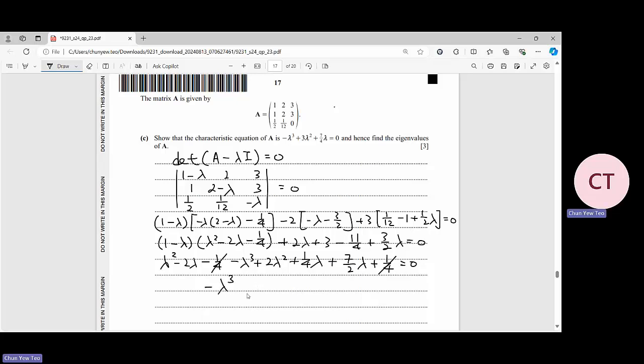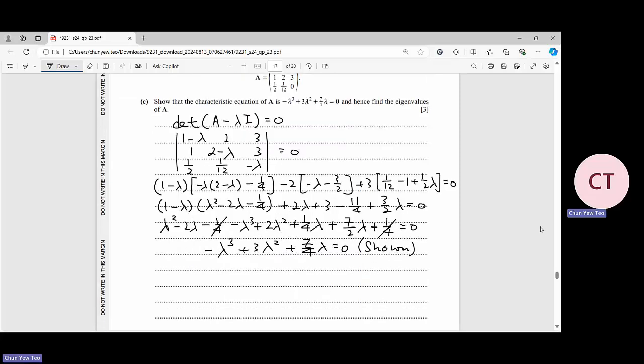For the lambda square, you have 3 lambda square. Then for the lambda, 14, 15 minus 8, 7, plus 7 over 4 lambda. Then to find the eigenvalue, we just need to take the negative 4 out, lambda, make it become lambda square.